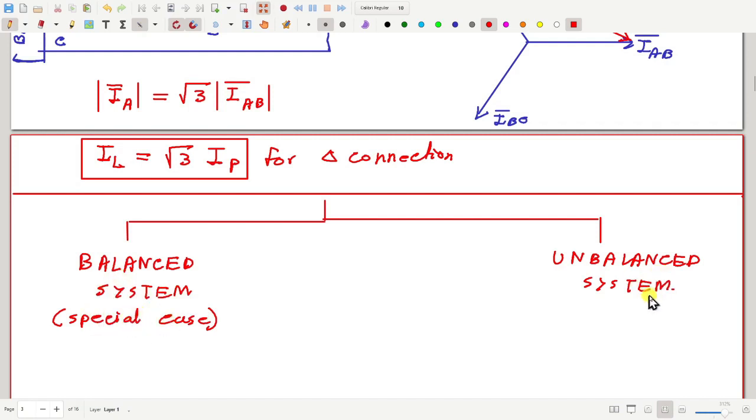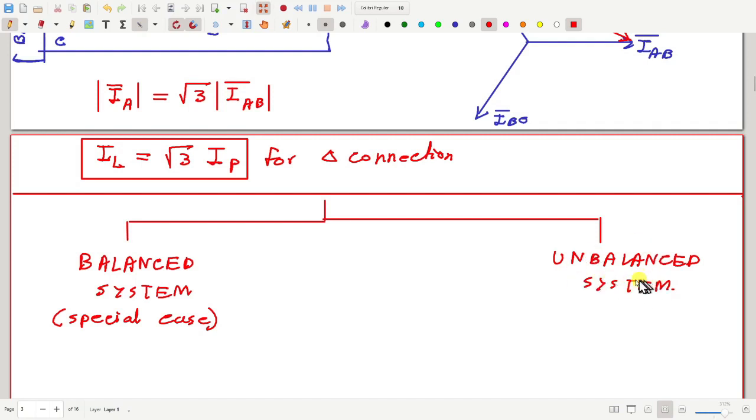However, unbalanced system is not difficult, because an unbalanced system you can treat as any AC circuit with 3 sources, their values may not be equal, so what? We have 3 sources, 3 loads, values may not be equal. Since we can solve any circuit problem, using general circuit solution methods, mesh methods, loop methods, whatever you like, nodal methods, you can solve it.